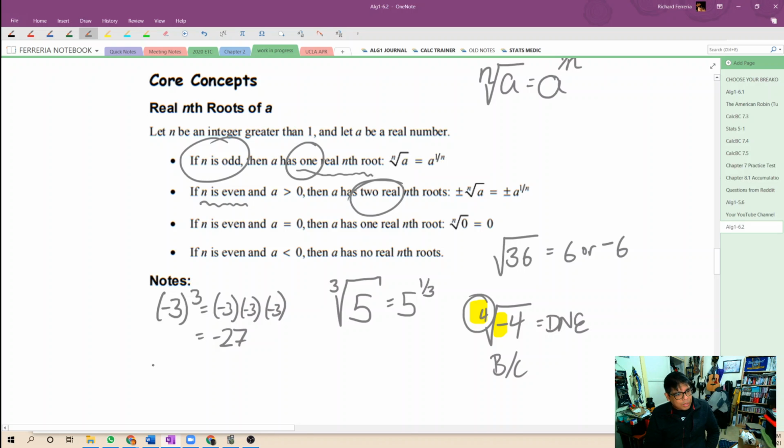So if I do the 3rd root of -27, that's equal to -3. So if you have an odd index and a negative inside the radical, then that's okay. The answer is going to be negative.